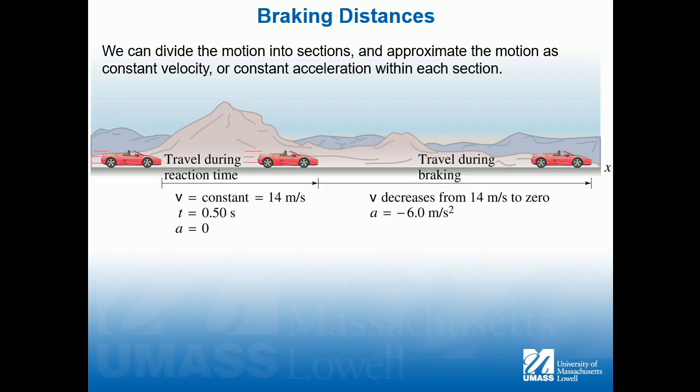When the brake is pressed, there is a non-zero acceleration. So for this entire motion, I do not have a constant A. So the kinematic equations cannot be used unless I break it down. I can break this down into two periods of constant A. First off, my reaction time, where A is constant at 0. And second, the time I'm actually braking, where I have that minus 6 meters per second squared acceleration. Everyone with me so far?